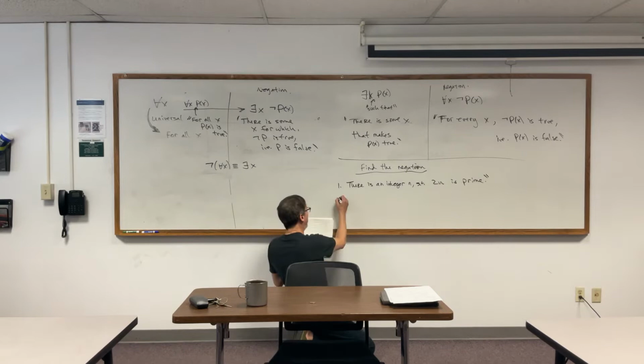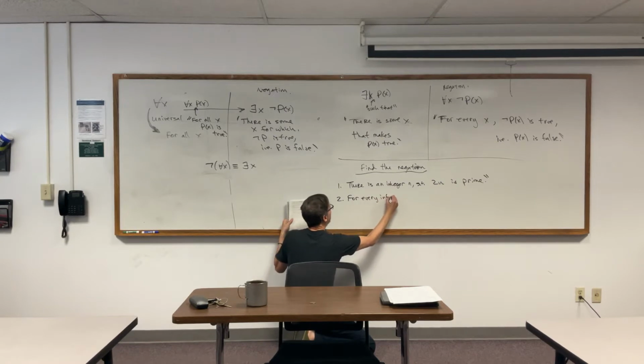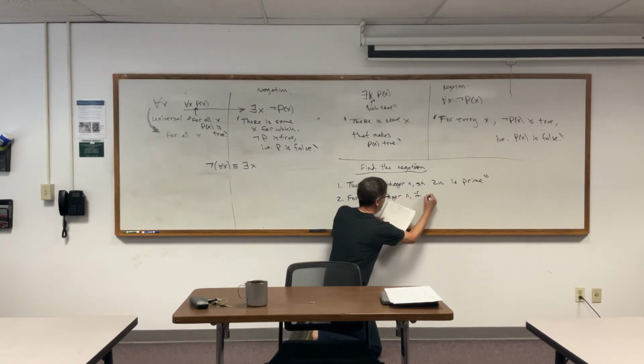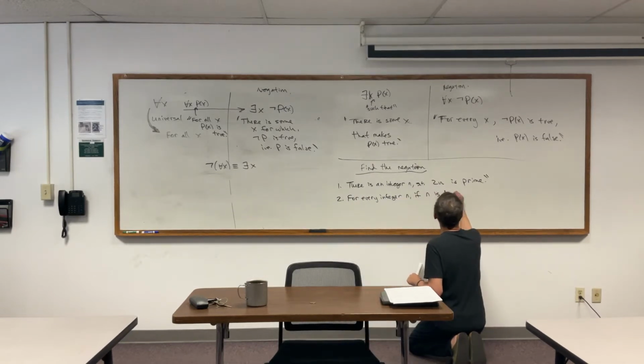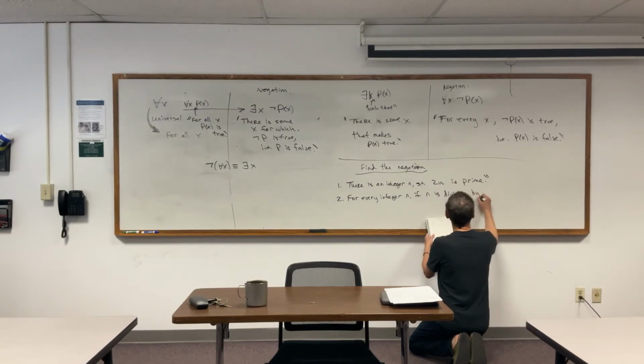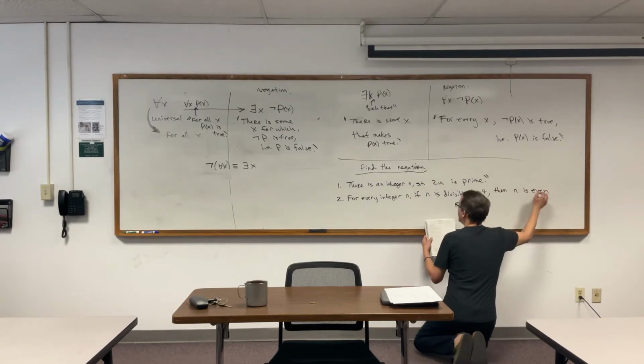I'm going to put 3 of them up here, so let's take some time. Number 2: for every integer n, if n is divisible by 4, then n is even. They're getting trickier as we move down the line. You've got a bunch to negate here.